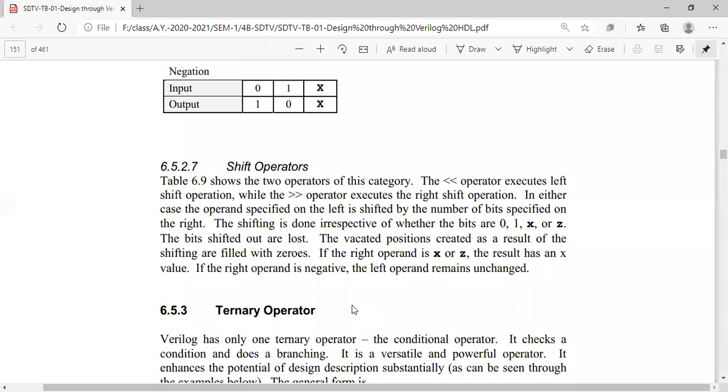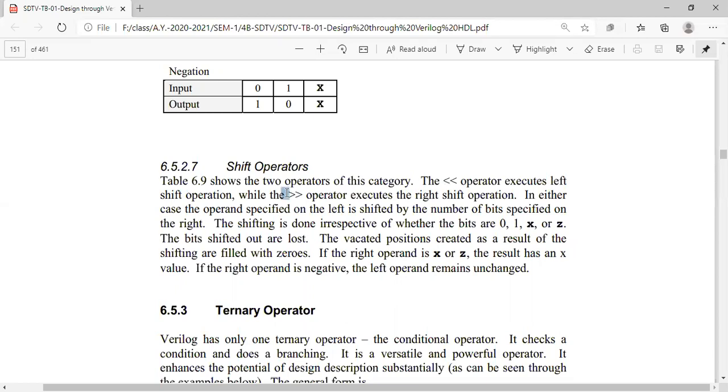Generally, as with the unary operators, we will be using this shift operator before the operand only. And if I write some scalar value to the right side of this shift operator, that means that I want to shift.